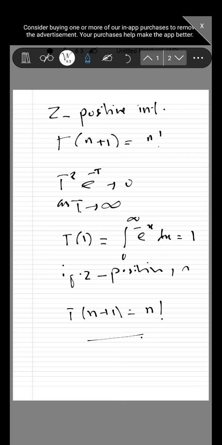So a gamma function is an extension of the factorial function to numbers which are not integers.